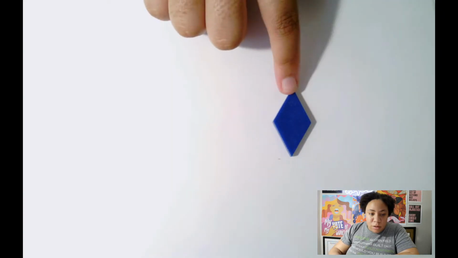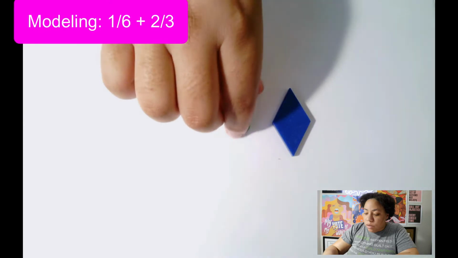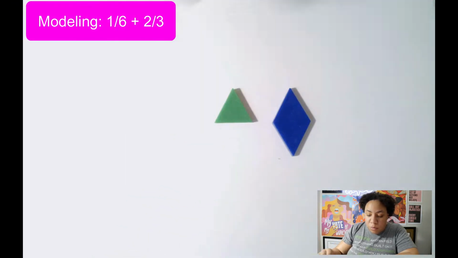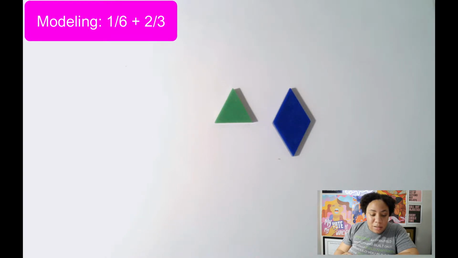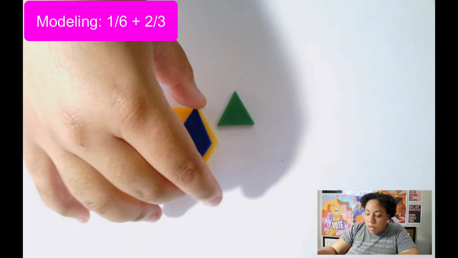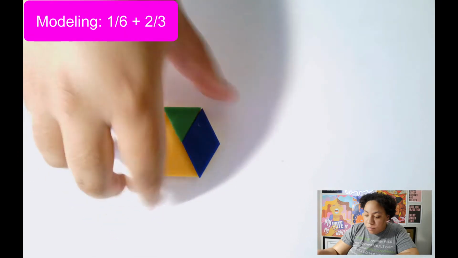Well, we can take the 1/3, which is represented by this rhombus here. Then we can take one of the triangles to represent the 1/6, okay? So we're going to add these together, and then I'm going to take out my whole again just so everyone can see how this is represented.